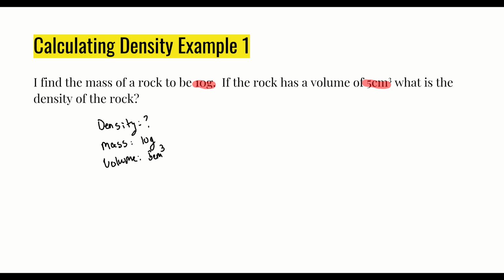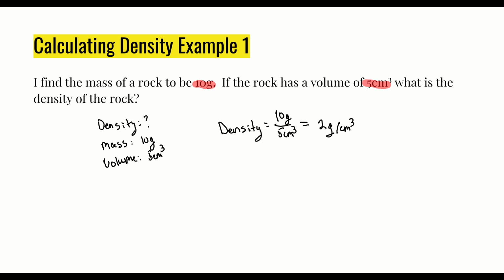So if we know that our density equals mass divided by volume, then that means our density is going to equal 10 grams divided by 5 centimeters cubed. If we actually do that calculation, then we're going to end up with 2 grams per centimeter cubed, right? Because 10 divided by 5 is 2.